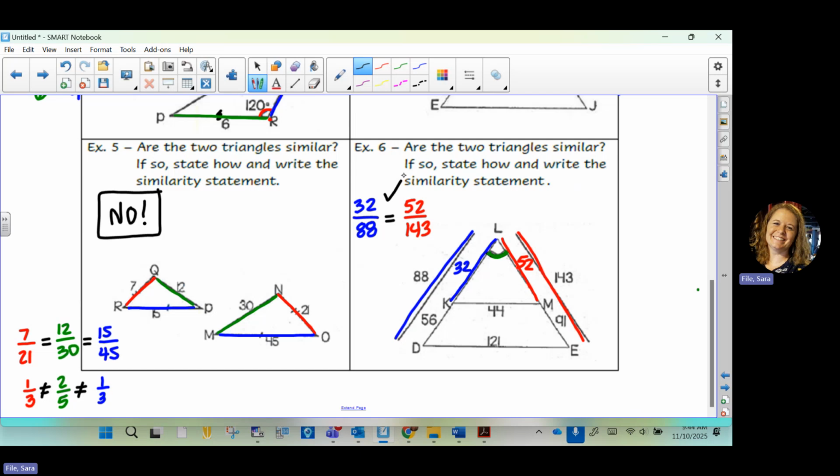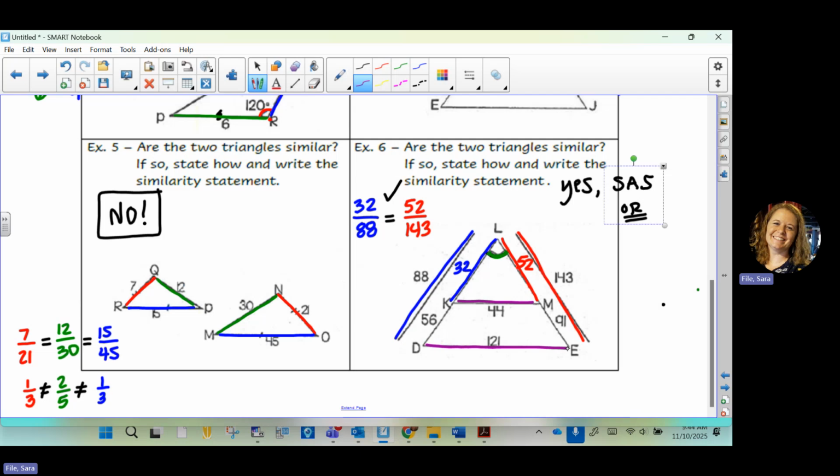So they do come out proportional, and I've got the included angle. So these are congruent, or not, excuse me, these are similar by what? I did side angle side, but I could have checked this third, since they gave us the measure down here.